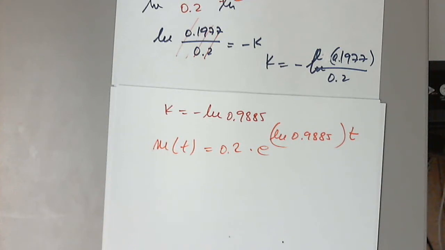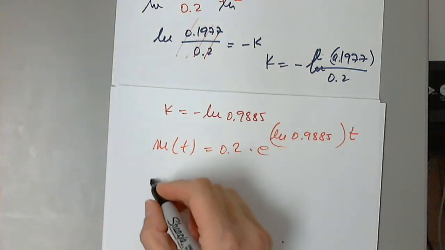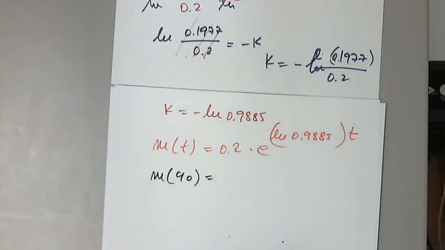Now in part B, we're asked to find, what was it, of 90 days. So m of 90. Now I have no choice. I have to put it in the calculator because no matter what you do, you can determine this.